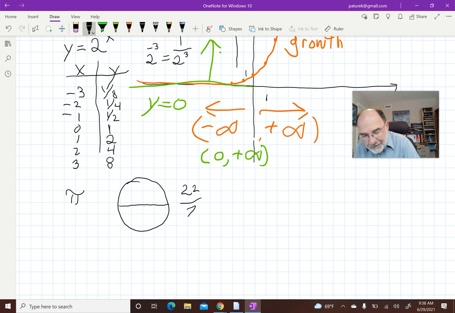But today in modern times, we know, oh no, this isn't 22 sevenths, which I'm curious, what's that on your calculator? 22 divided by 7 is 3.142857143. Oh man, pretty good Greeks. Okay, but today we know it's not exactly that value.